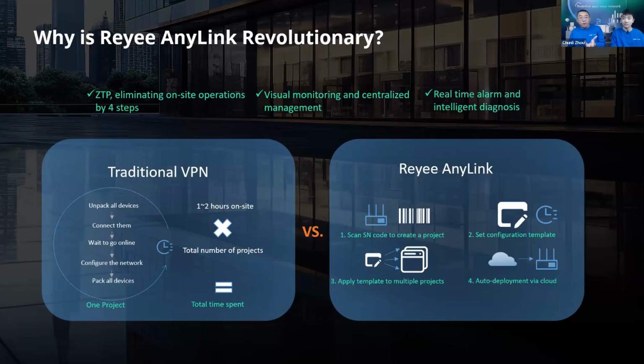The traditional VPN can only establish a tunnel from one ISP link, but maybe next year, Reyee AnyLink will achieve the multiple WAN bonding effect by aggregating multiple ISP links. And it will support route selection based on link quality as well. Yeah. A splendid visual dashboard is also our advantage, to help our customers optimize the overall network monitoring and maintenance.